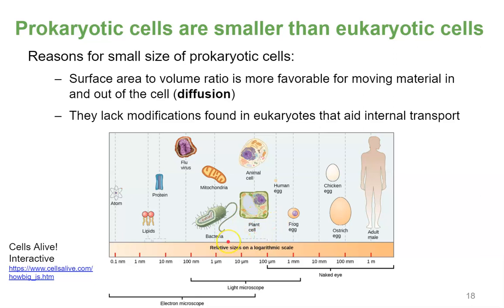So the reason bacteria are so small is because they lack a lot of the modifications that other eukaryotic cells have. And to be small, that means that they can import and export substances very easily and quickly without the need for other specialized components like organelles.